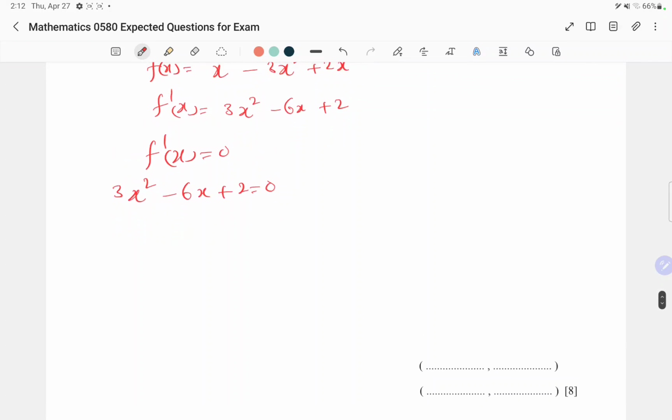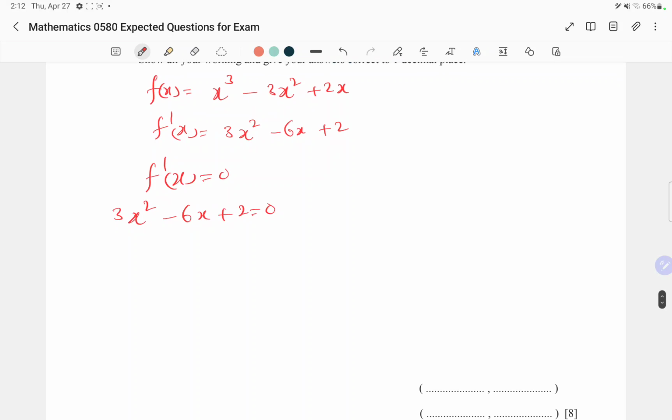Now this is for 8 marks, so we cannot use a calculator here. We have to somehow solve that. So let's try to factorize. 3 times 2 is 6. I have to break 6 into 2 terms such that the multiplication should be plus 6 and the addition should be minus 6.